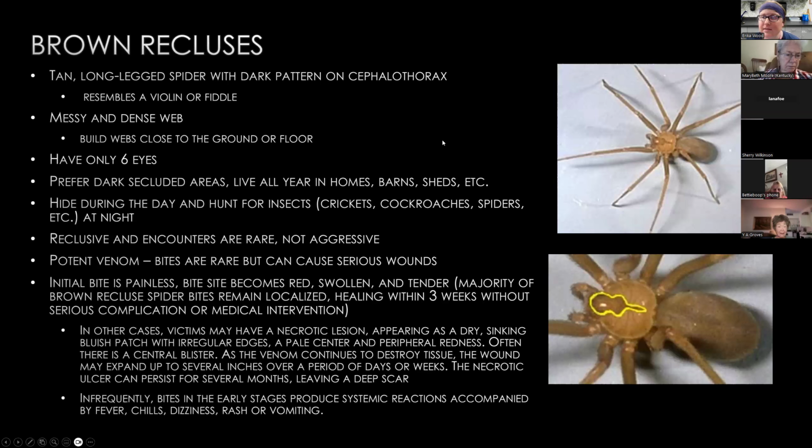This is a thicker, bigger spider compared to, say, a cellar spider, because a lot of people will see a cellar spider and think it's a brown recluse. A cellar spider's legs are much bigger and thinner and more spindly, whereas a brown recluse's legs are definitely much thicker and not quite as long, and it has more of a larger body.